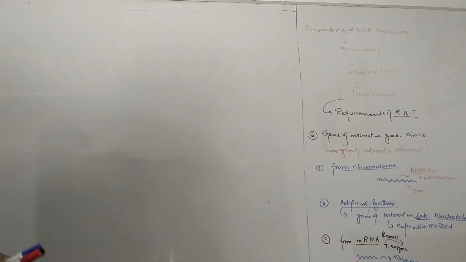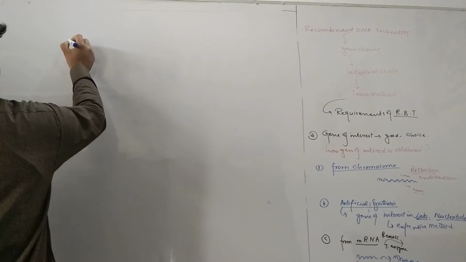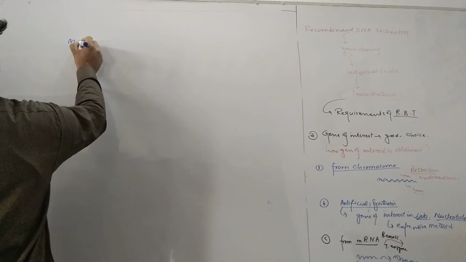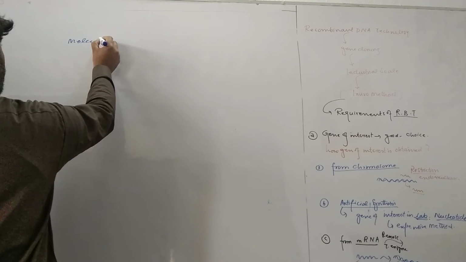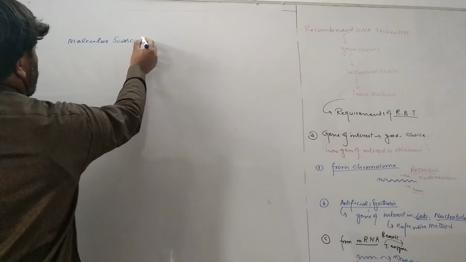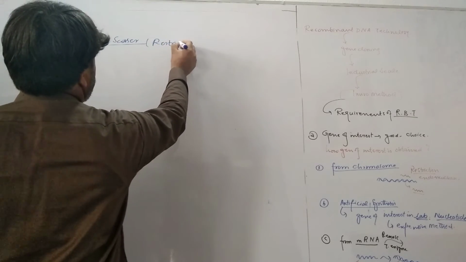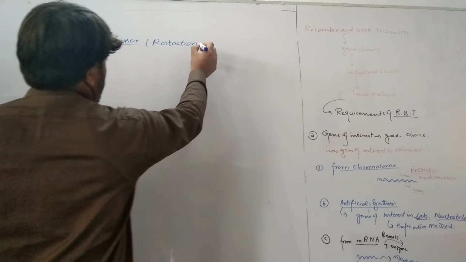Now we are going to explain the molecular scissors. Molecular scissors are also called restriction enzymes.